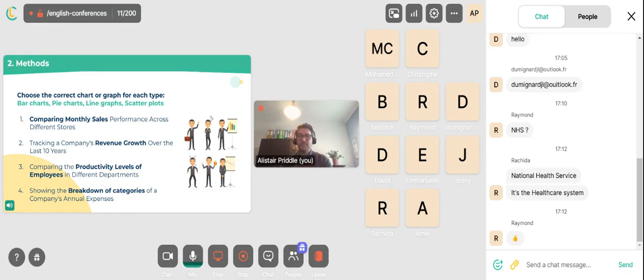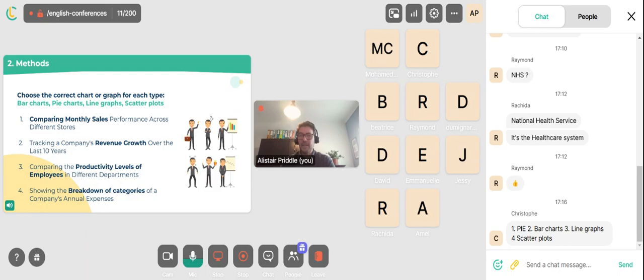Number 2, tracking a company's revenue growth over the last 10 years. And number 3, comparing the productivity levels of employees in different departments. Number 4, showing the breakdown of categories of a company's annual expenses.